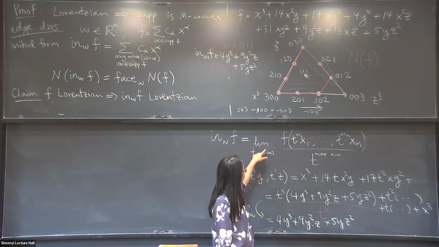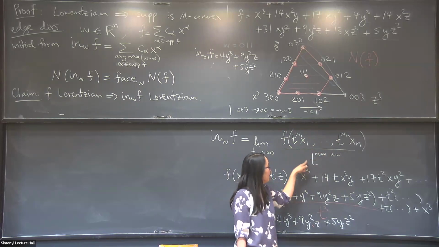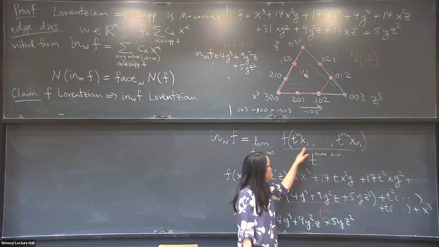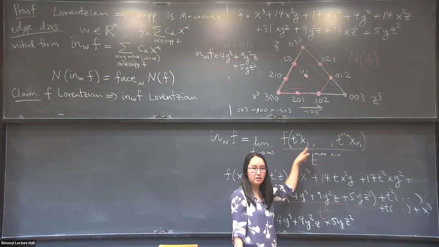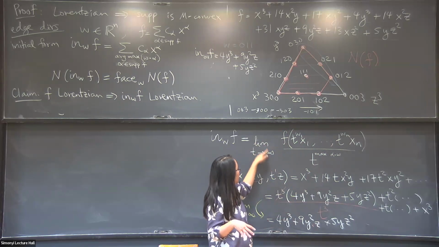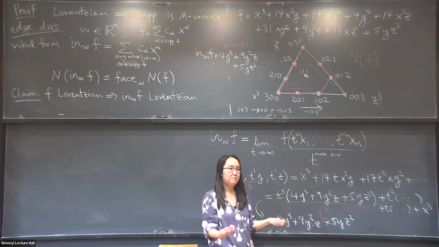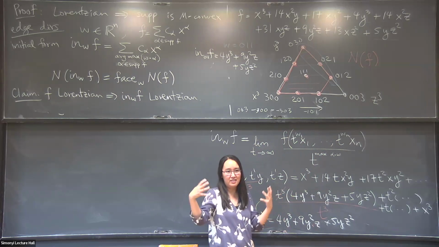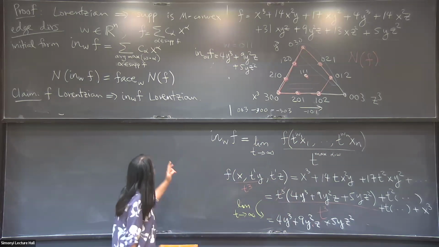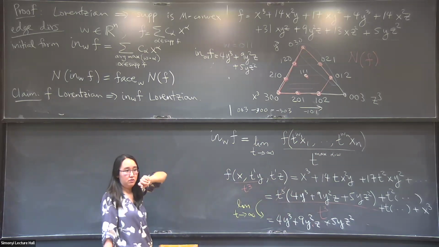This is for a single fixed T: scaling keeps the Lorentzianness, and dividing also keeps it, you're just scaling. And then the limit comes from the fact that the space of Lorentzian polynomials is closed. In the case of Lorentzian, it's by definition. So there's a claim: if F is Lorentzian, the initial form is also Lorentzian.